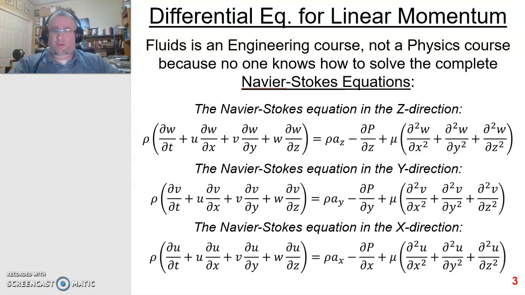So that's why fluids is an engineering discipline and not a physics discipline, because the entire collection of basically workarounds, various ways to solve fluid mechanics problems without being able to directly solve the Navier-Stokes equations, that's what we do as mechanical engineers. So basically the entire course of fluid mechanics is just a bunch of cheats, right? A bunch of hacks, because we can't solve the Navier-Stokes equation. So it's important to recognize that everything you guys see in fluids is basically a workaround because we don't know how to solve these problems.